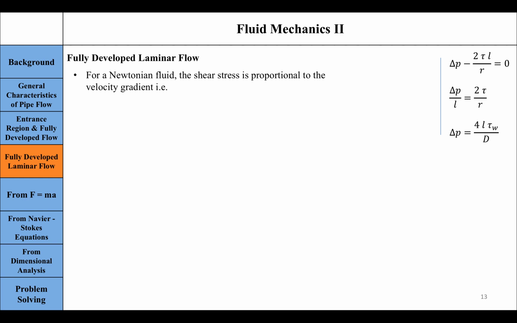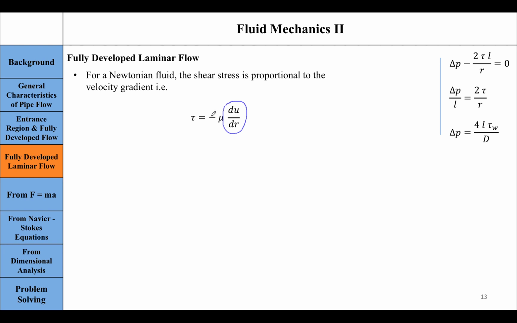For that, the shear stress relationship, you can look at chapter 1 in Munson's book. The shear stress is proportional to the velocity gradient, and it's usually given like this. One thing to identify here is that in the book, in chapter 1, there's no negative sign here.